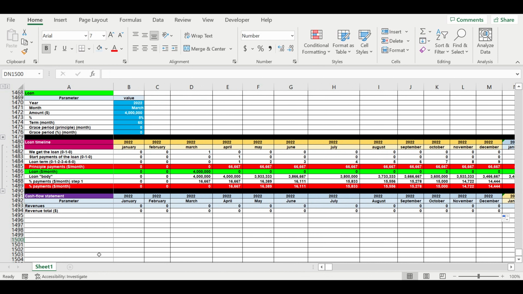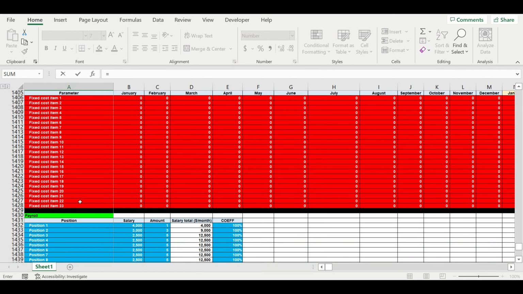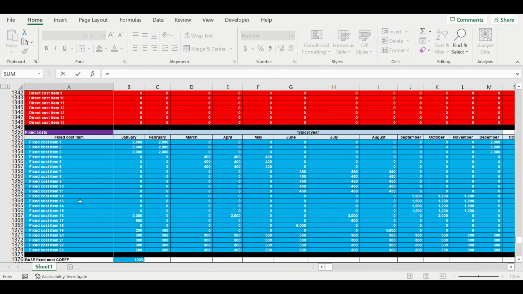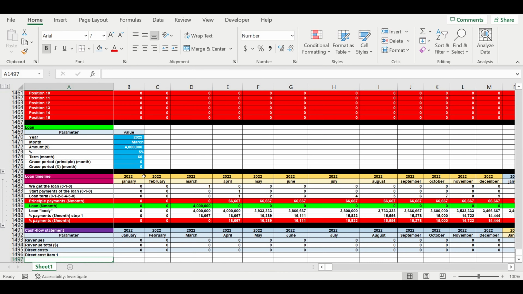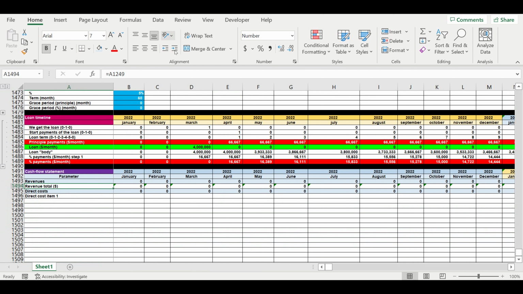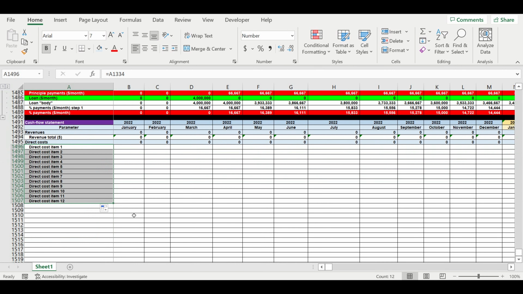Then we add direct costs. We just travel through the model and find the red lines with direct costs or revenues or any other cash inflows or outflows, and link them to the statement.